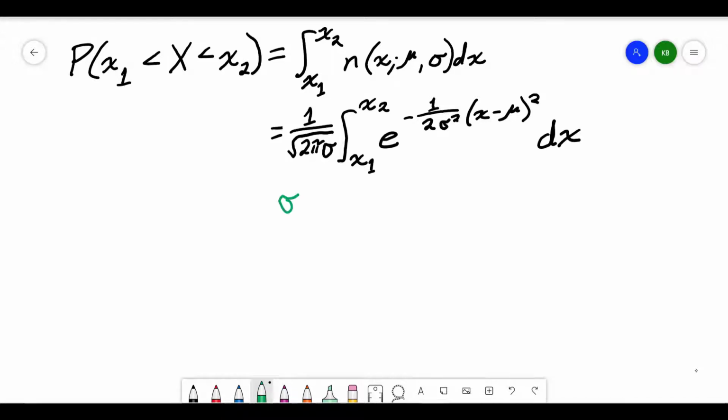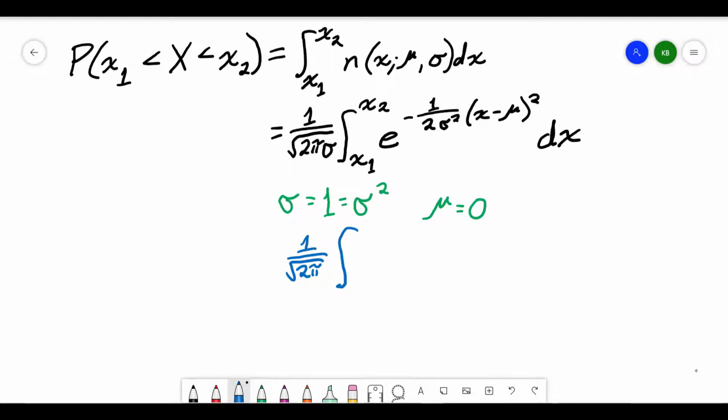If my standard deviation was 1, well, that would mean that my variance was also 1. And if my mean was 0, let's see how that changes this integral, just having those things be true. We would have 1 over the square root of 2 times pi, because our standard deviation would be 1, times the integral. Now we're not actually in x's anymore.